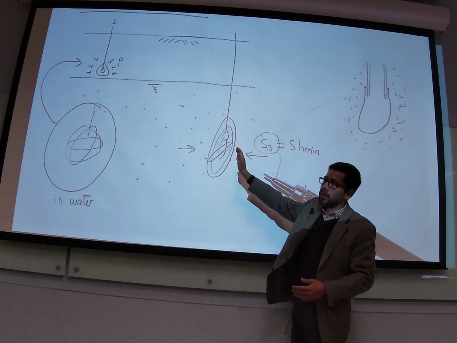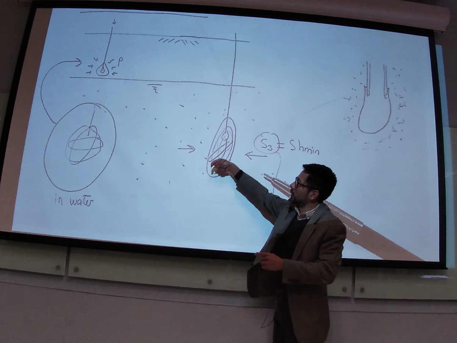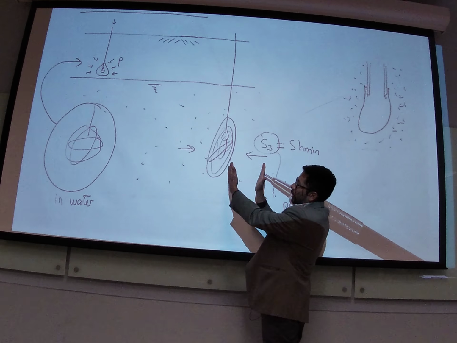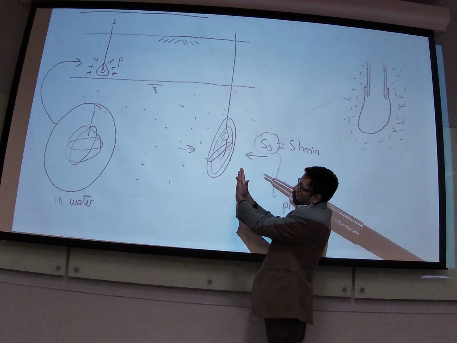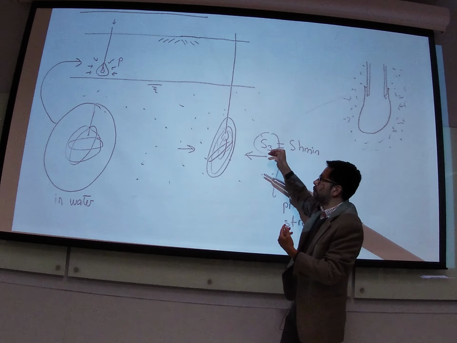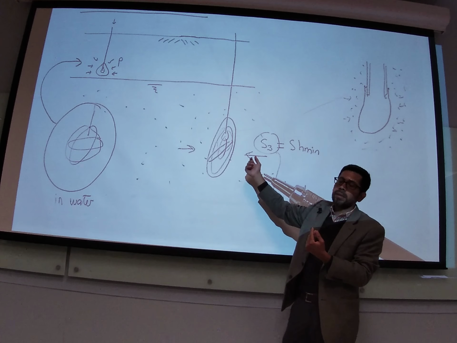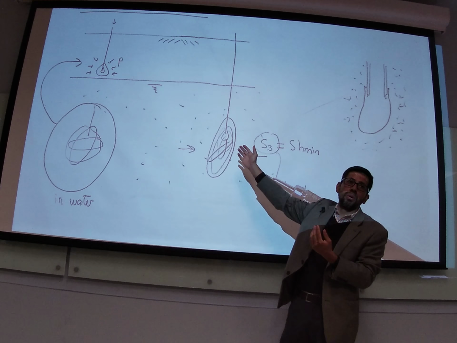In this case, the balloon is going to preferentially extend in this direction, in that direction, and not in this one. It's just going to open against that one because that's the minimum principal stress. It's the lowest stress that the balloon is going to face.